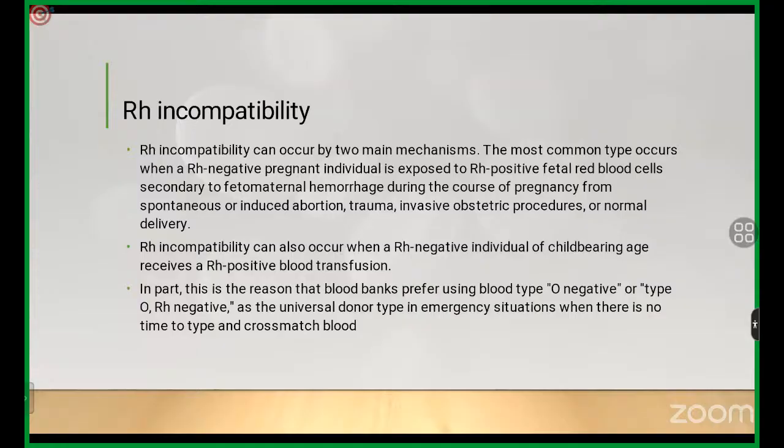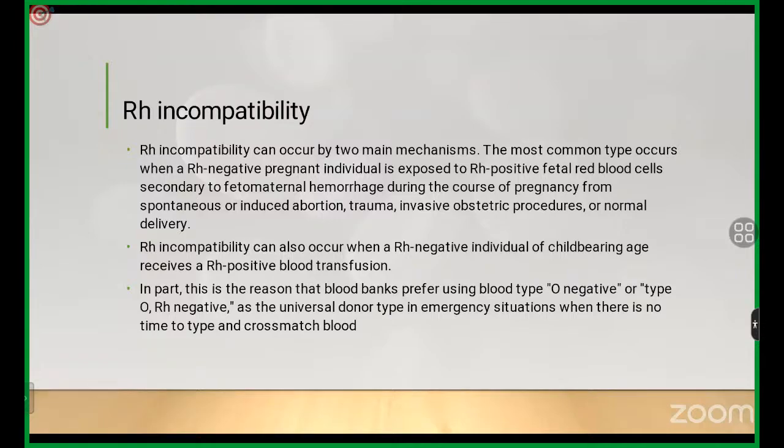We all know about graft versus host disease. So there are three mechanisms in which an RH negative pregnant individual can be exposed or sensitized. However, we are going to look into details about pregnancy in this case.